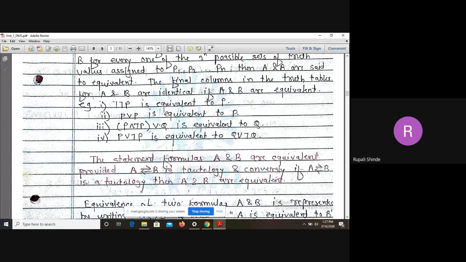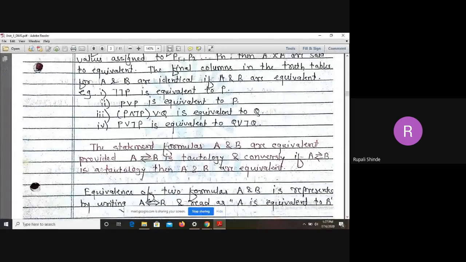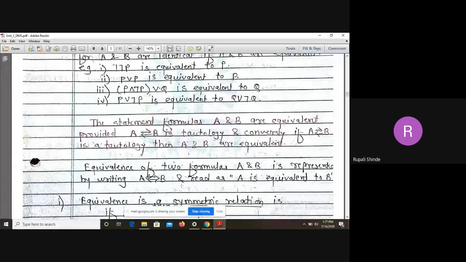If A and B are the formulas and A biconditional B is a tautology, then we can say that A and B are equivalent. This equivalence is represented by this symbol, and we can read it as A is equivalent to B.